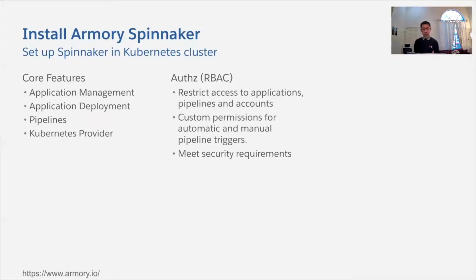One main reason is that we restrict access to applications, pipelines, and accounts. It's very difficult to achieve those objectives in the legacy CI/CD using TeamCity. We can also customize permissions for automatic and manual pipeline triggers. And of course, another very important aspect is that we need this feature to meet security requirements.